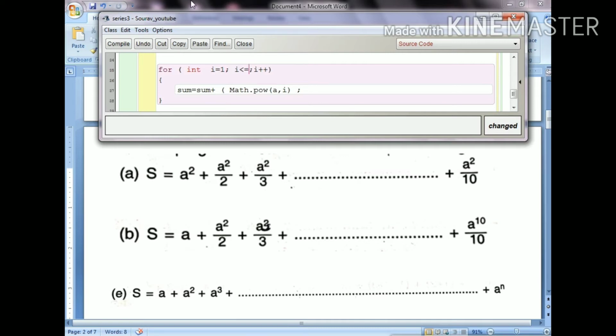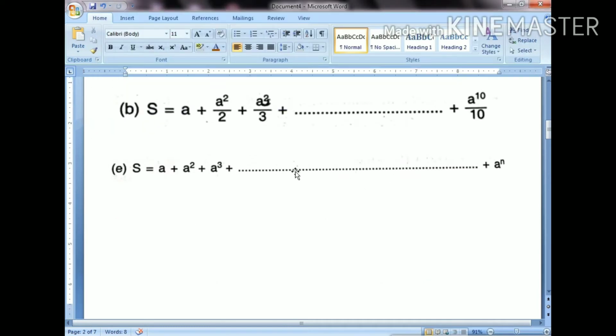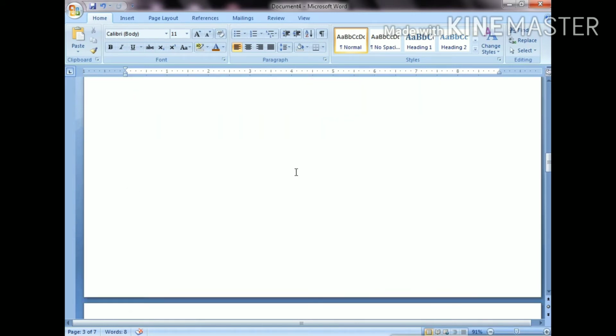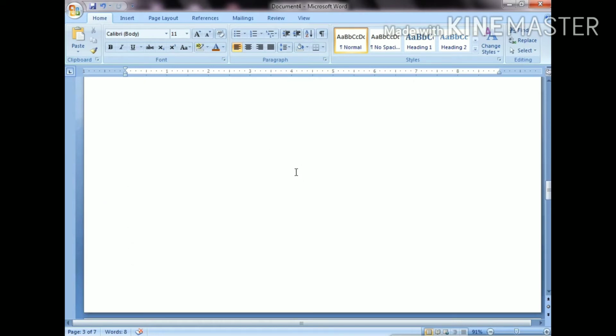So that is the part that changes for question number E. Now what about question number D? No, I discuss later. Question number D, that's one also plus minus, so I will go for that one.